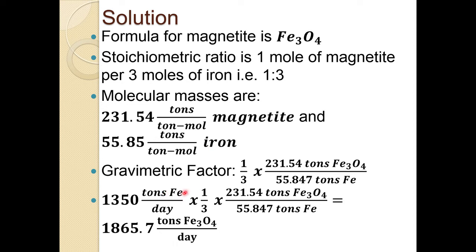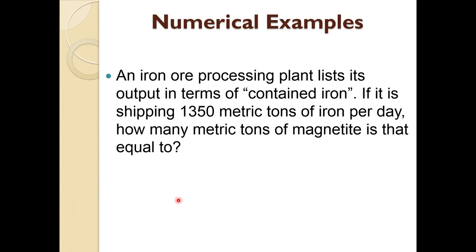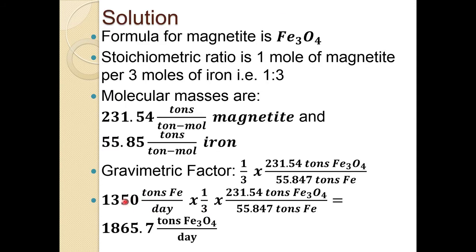So the gravimetric factor, because we have 3 moles of iron, is the molecular mass of magnetite divided by the molecular mass of iron, times 1/3. In the example we have 1350 metric tons of iron per day, and you multiply it with this gravimetric factor.